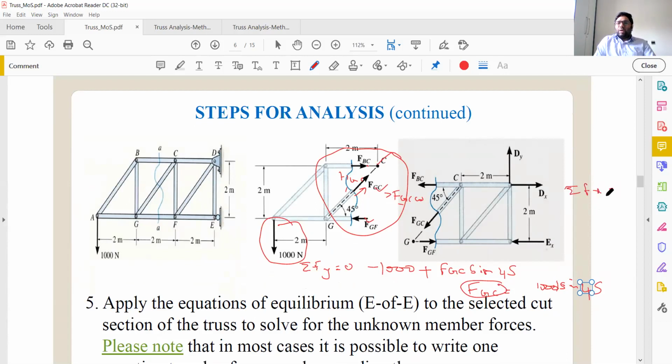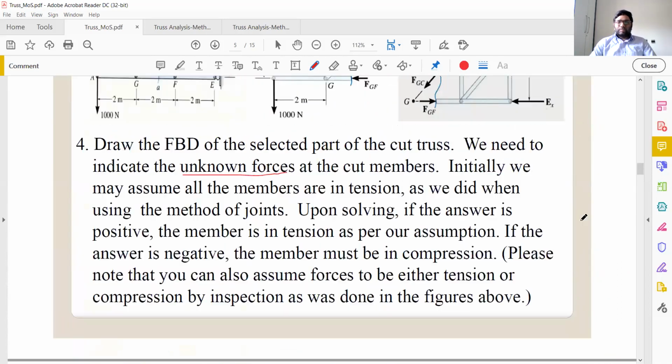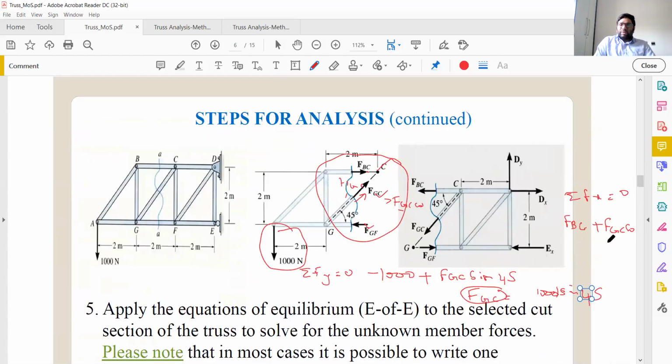But when I substitute in sigma fx, let me write here. Sigma fx is equal to 0. That means what will I get? FBC plus FGC cos theta, and plus FGF if I assume tension.